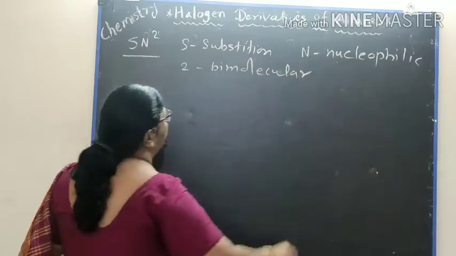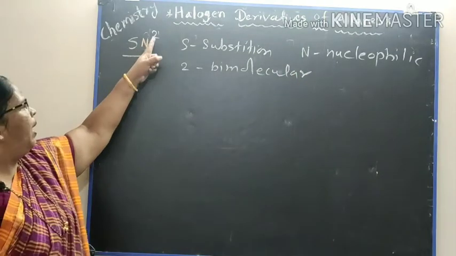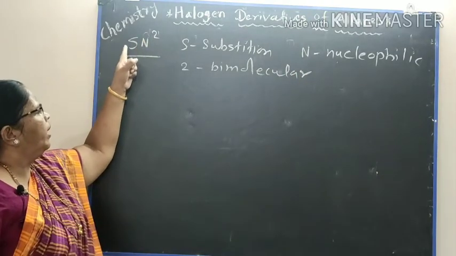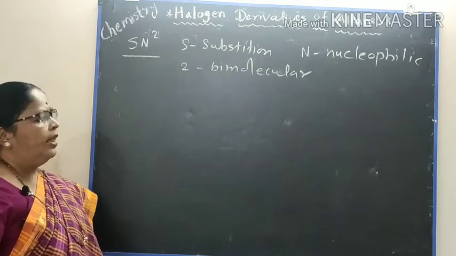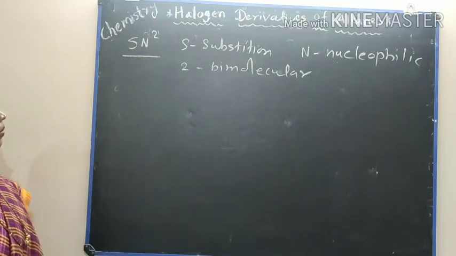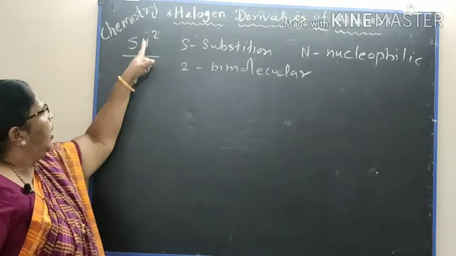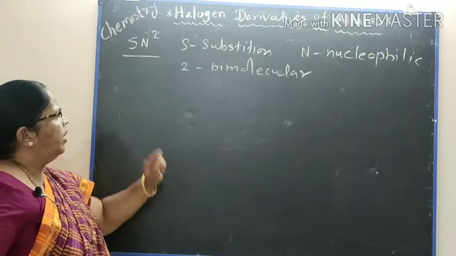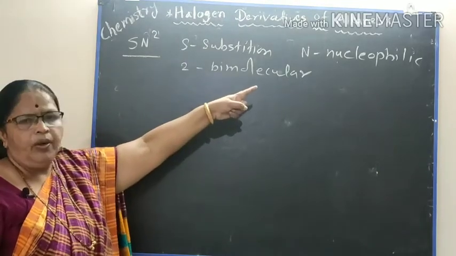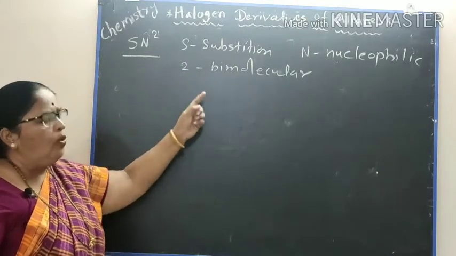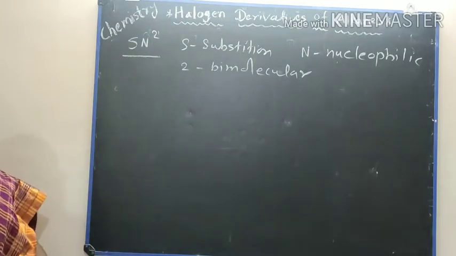So SN2 is called bimolecular nucleophilic substitution reaction. Once again, the SN2 mechanism is nothing but bimolecular nucleophilic substitution reaction: S for substitution, N for nucleophilic, and 2 for bimolecular.